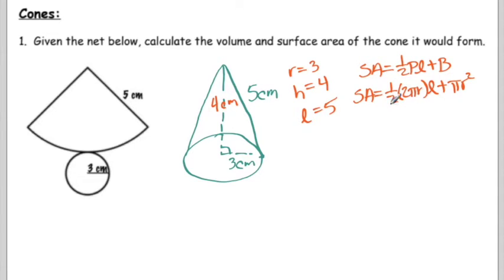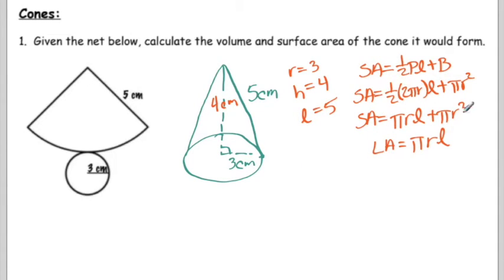So this 1/2 PL, filling in P here, the 1/2 and the 2 simplify out, and it's really just pi RL plus pi r squared. Now if they wanted the lateral surface area, it's just the first part of this, the pi RL, because pi r squared is the area of the bottom circle.